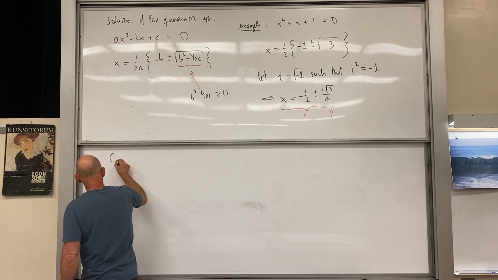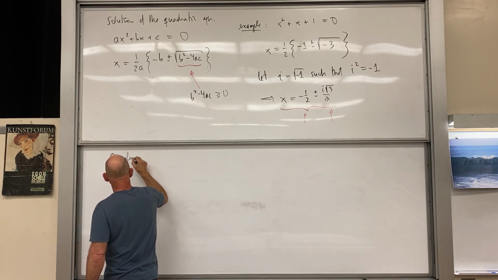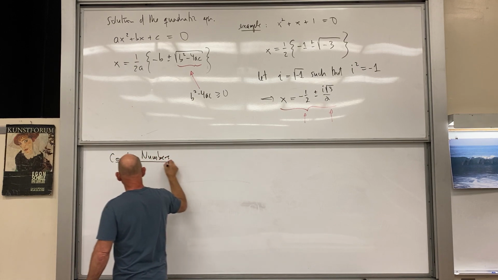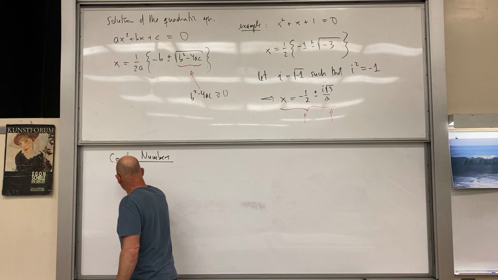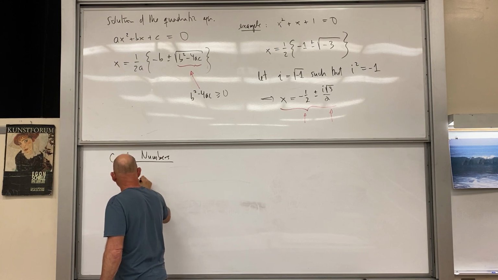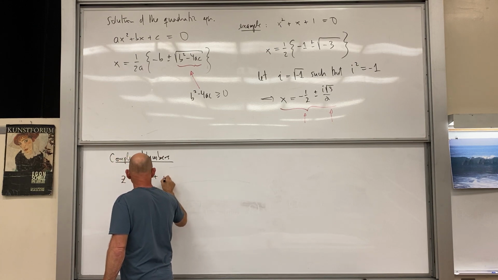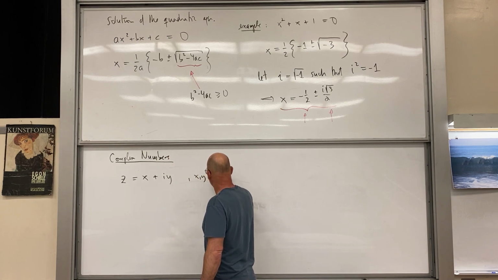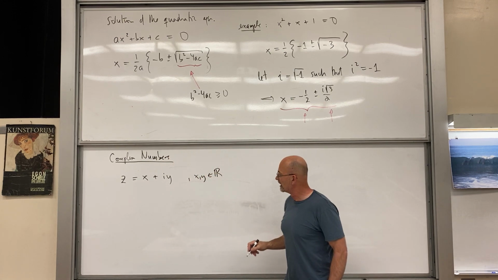So complex numbers. So I'll go ahead and let z be a complex number x plus i times y. So x and y are just real numbers.